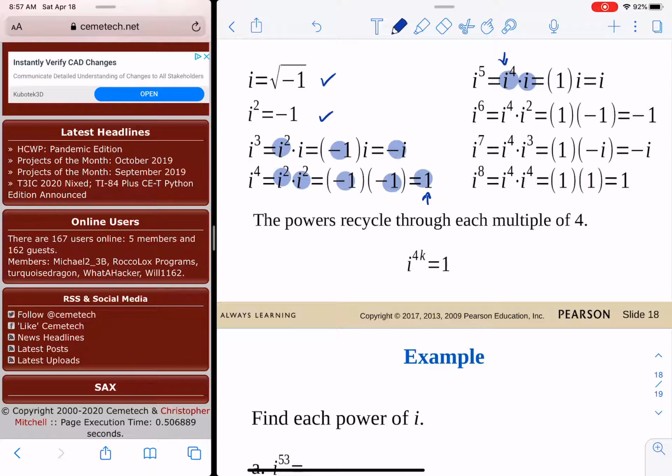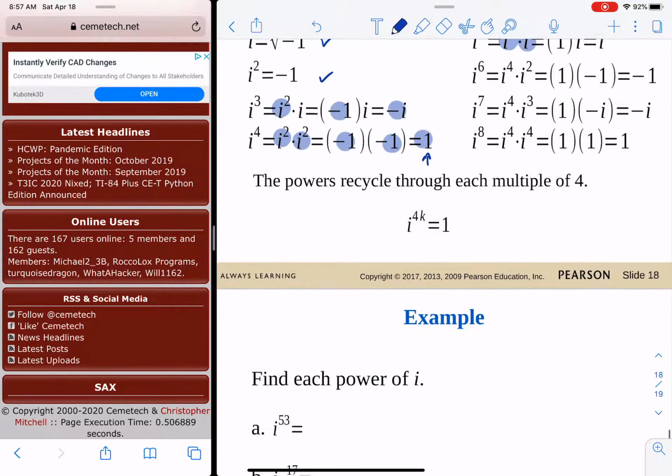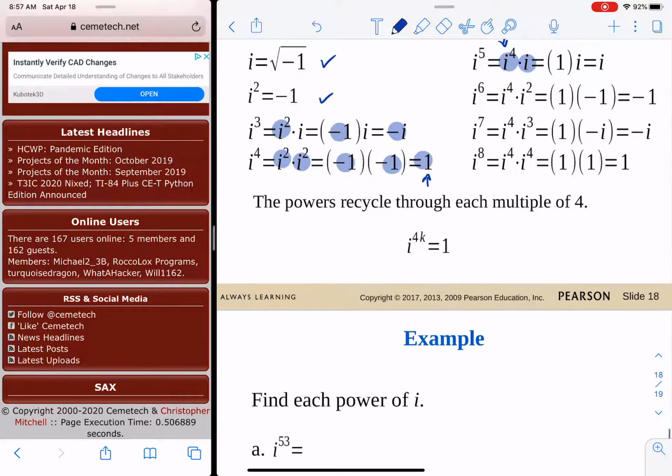And use the same process to write i raised to 6 in terms of the previous powers. So we have i raised to 4 times i squared, and we have i raised to 4 to be 1, i squared is negative 1, 1 times negative 1 is negative 1. So I'm going to write this out.